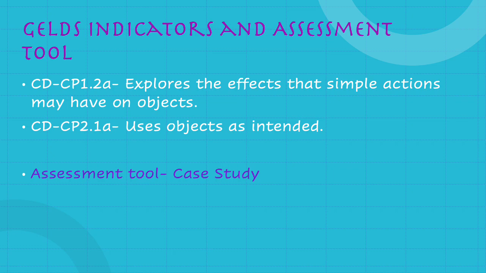CD-CP1.2a, explores the effects that simple actions have on objects, and CD-CP2.1a, uses objects as intended. An assessment tool that I have included here that I will use is a case study.